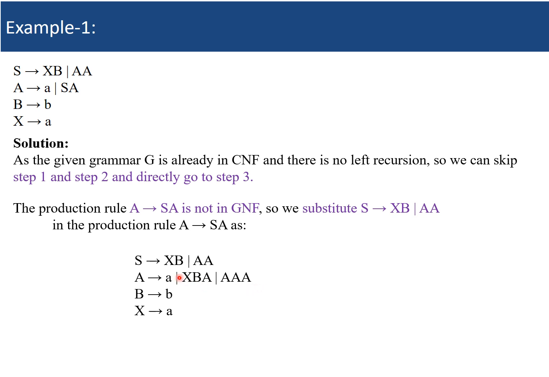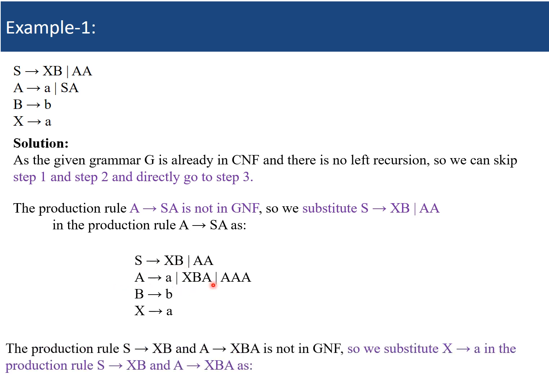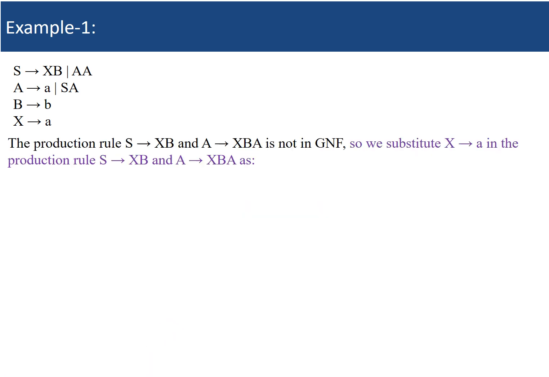There are two rules, S gives XB and A gives XBA, that are not in GNF. So we have to substitute again, because X gives a is already in GNF. Substitute the X production in these two rules, S and A. After substituting X in S and A productions, X is replaced by small a.